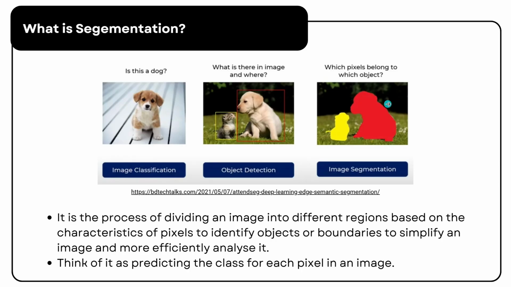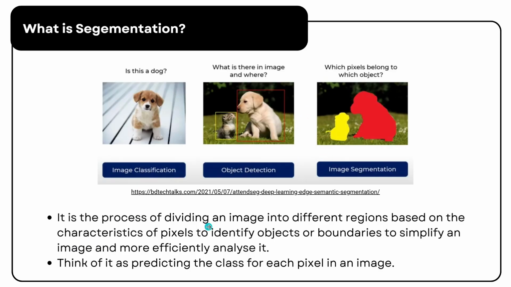And finally, we have image segmentation, which takes it a step further by identifying exactly which pixels belong to which object. So this gives us a more detailed and fine-grained understanding of the image. So what exactly is segmentation?